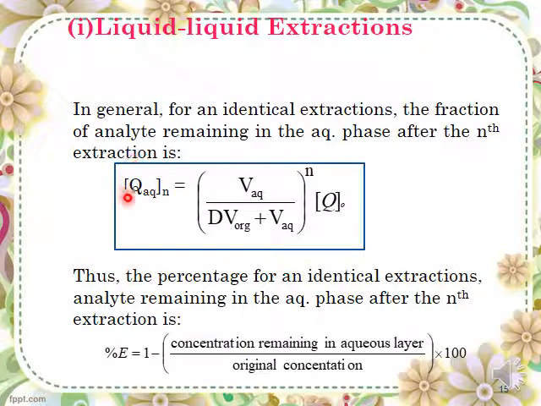V is the volume of aqueous, D is the distribution ratio, this one is the volume of organic, this is how many extractions have been done, and this is the original concentration. If concentration is not given but mass instead in grams, then you substitute using grams. So the remaining will be in grams also.